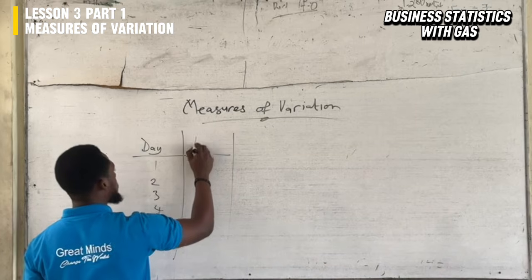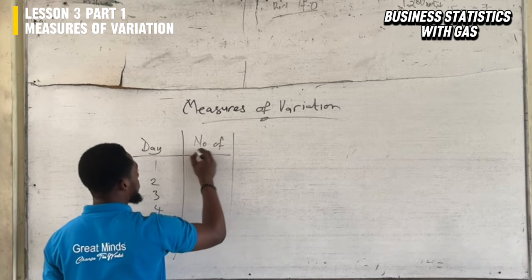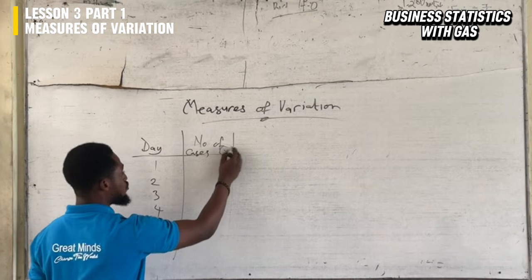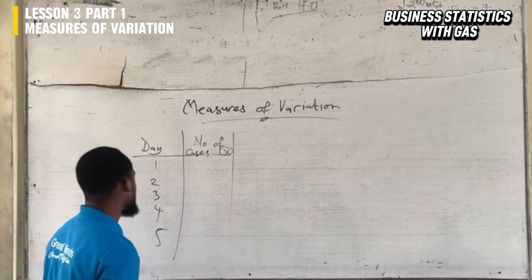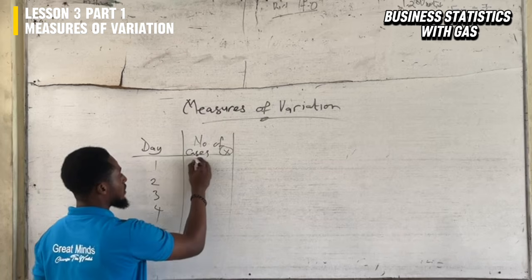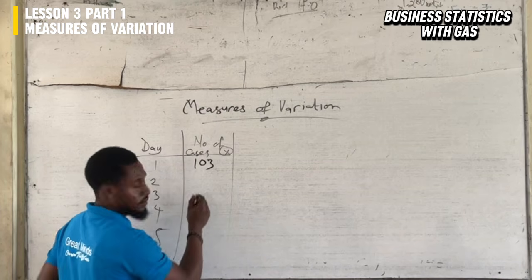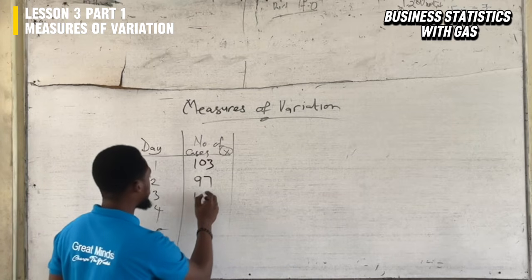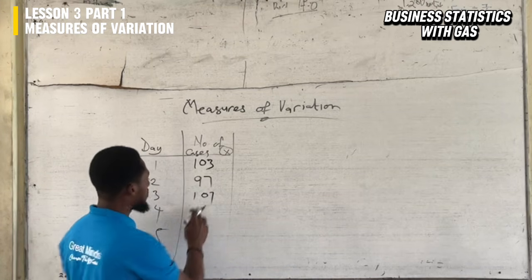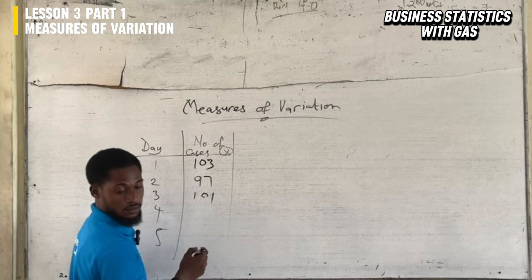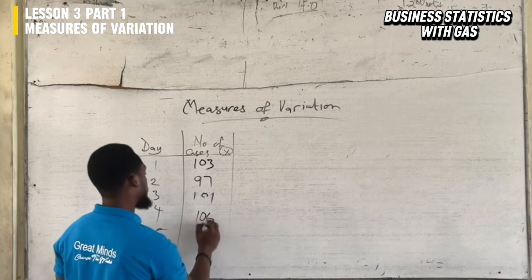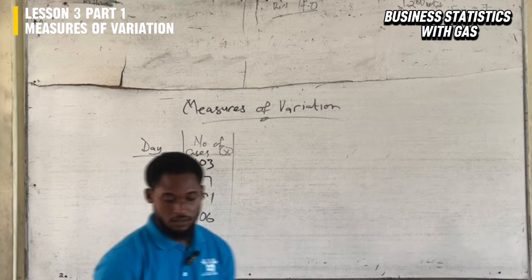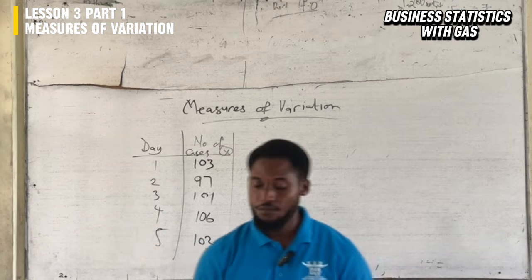So the number of cases will be your x: 103, 97, 101, 106, 103.